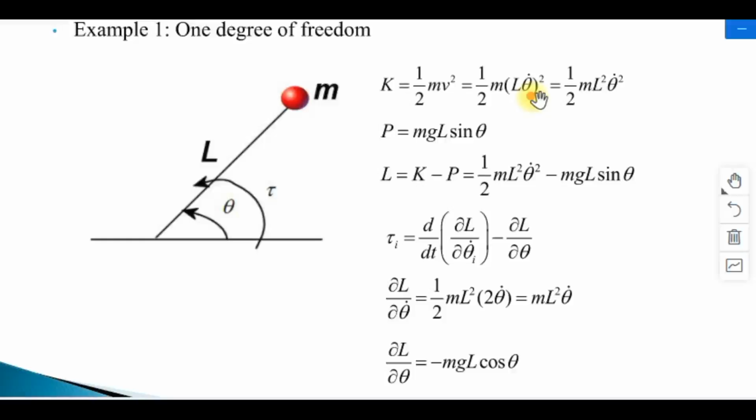So when you multiply it, it becomes theta dot square. Yes or no? Okay, good.